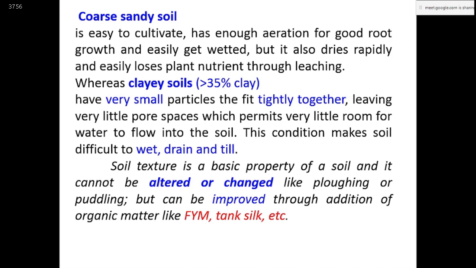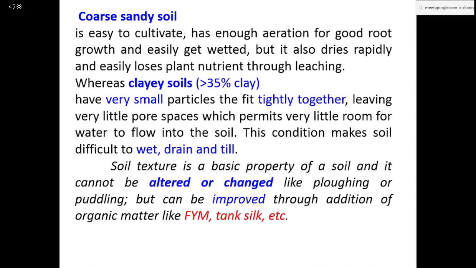Now clay particles. If the soil has more than 35% clay, then we can say it is clay soil. The particles are small, so they fit tightly together, leaving very little pore space, which permits very little room for water to flow into the soil. So capillaries are formed between the soil particles. This condition makes the soil difficult to wet, drain, and till.